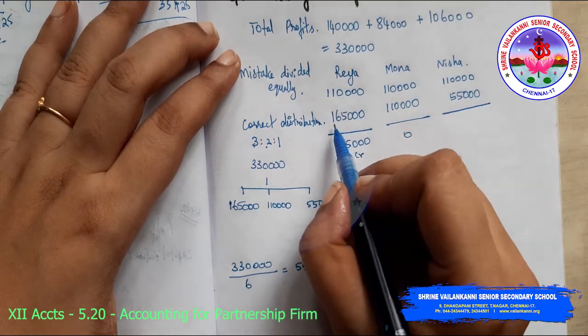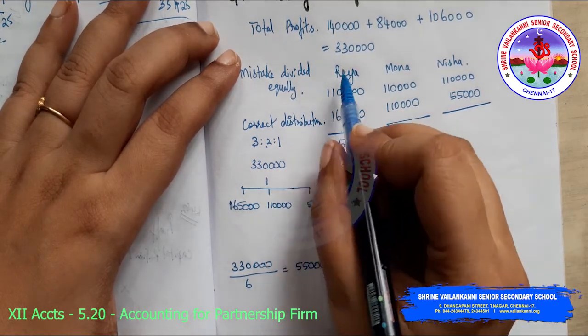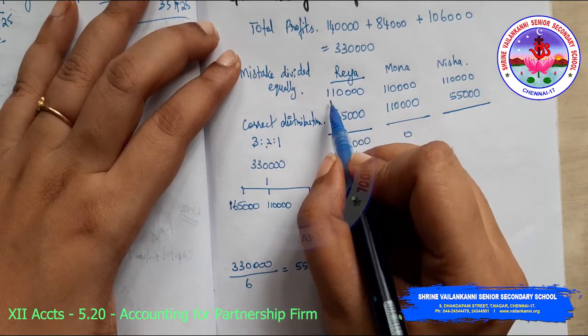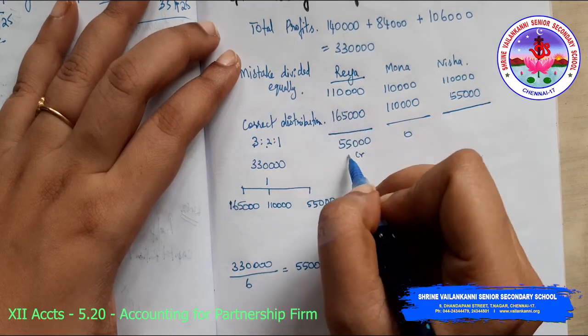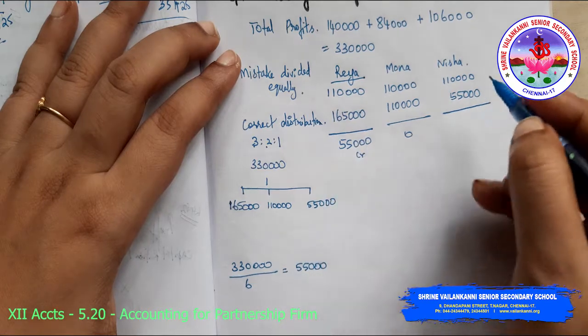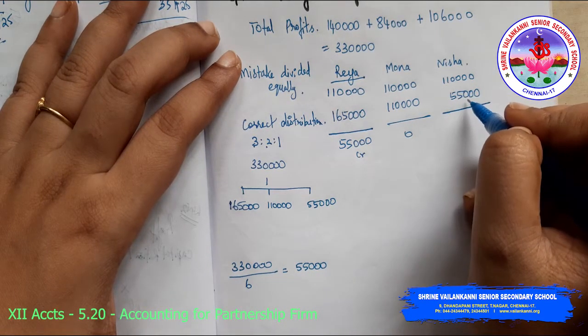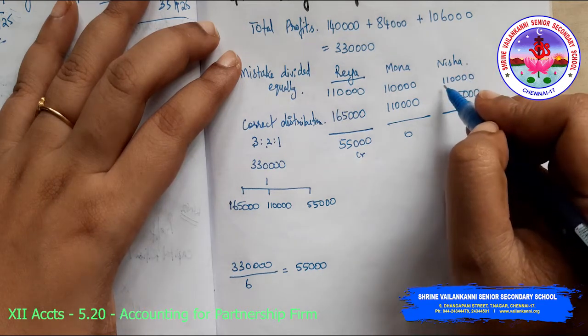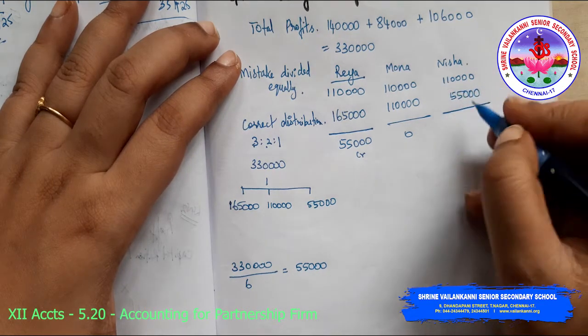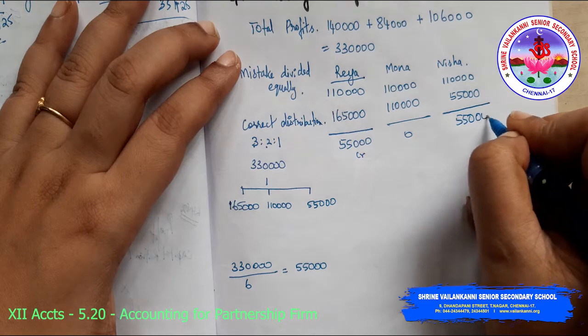Why? Because Ria has to get 1,65,000, but she has got only 1,10,000. Now we need to credit 55,000. Similarly, Nisha has to get only 55,000, but previously she got by mistake 1,10,000. So which means 55,000 has to be debited.